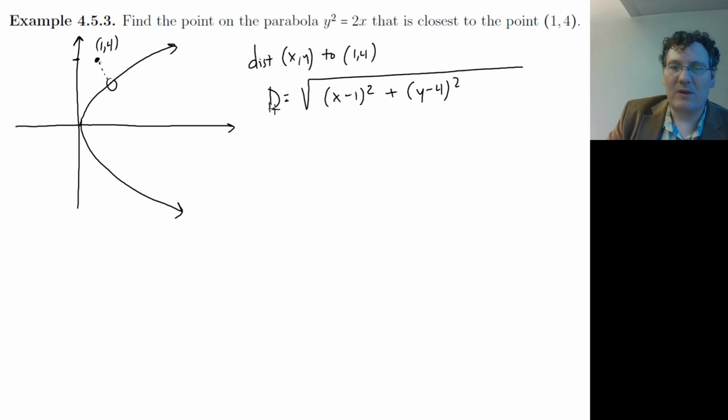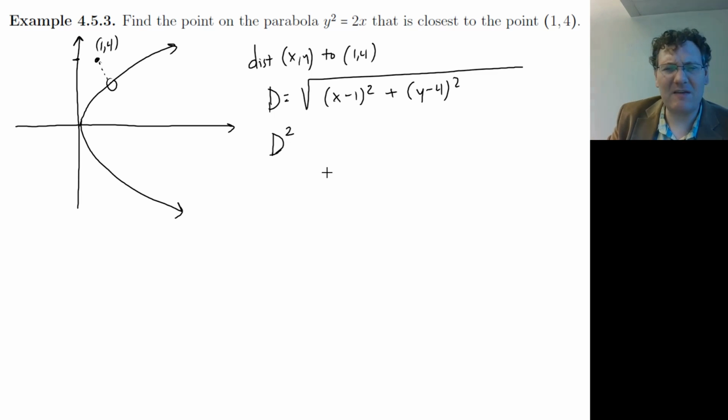One thing that is true about distance is that it's a monotonic function, which means that the distance squared is going to be minimized at the exact same point where the distance is minimized.